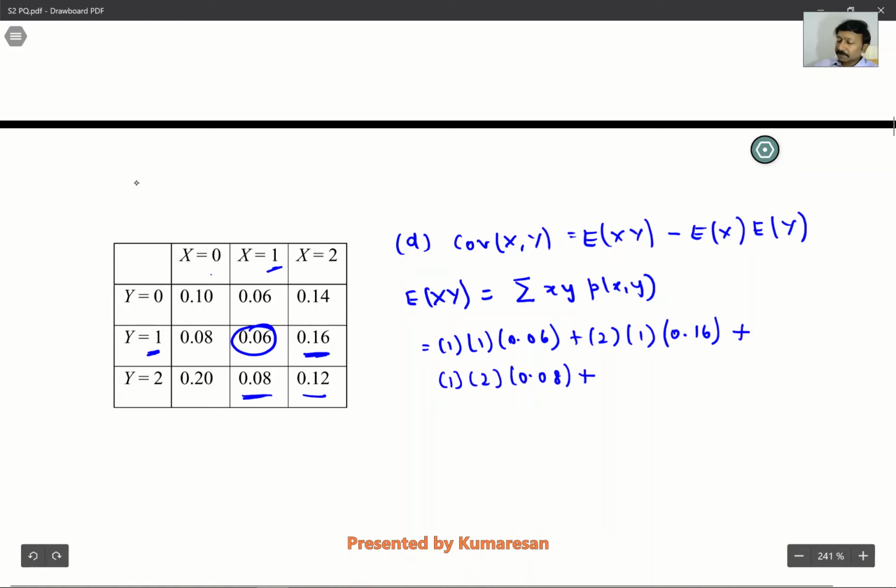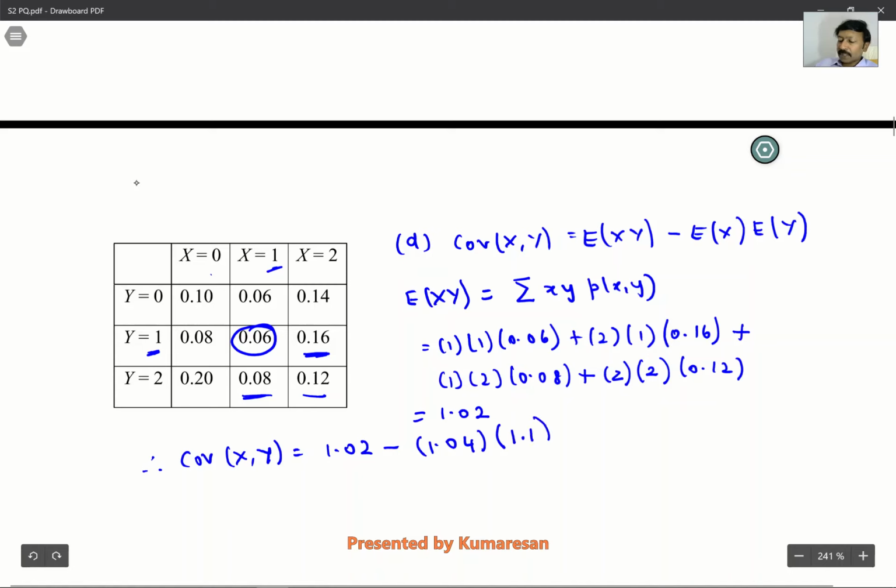And the last one, the value of x is 2, the value of y is 2, the joint probability is 0.12. Therefore, E of xy is 1.02. Therefore, covariance of xy is equal to 1.02 minus expected value of x that we found before, 1.04, times expected value of y, 1.1. So the covariance is minus 0.124. And this is how you find the covariance of x and y.